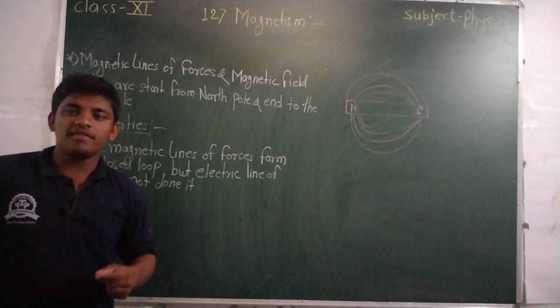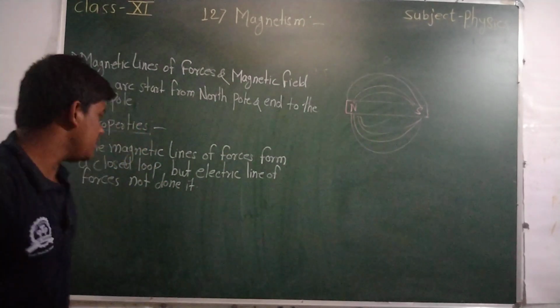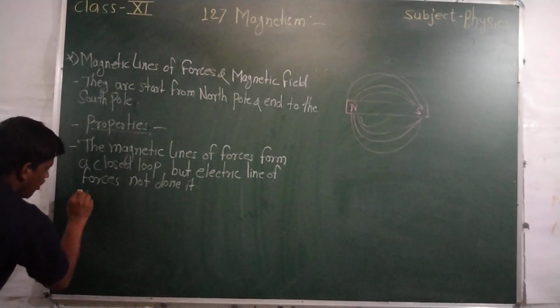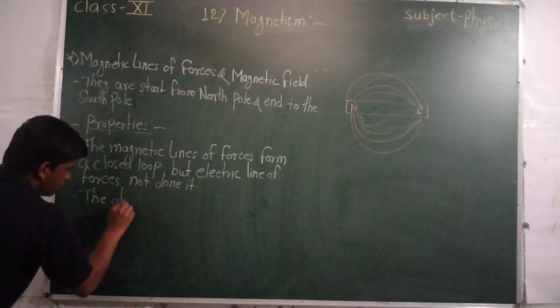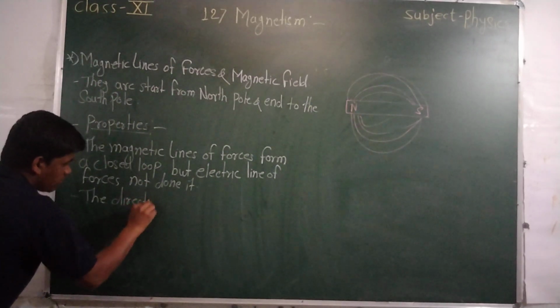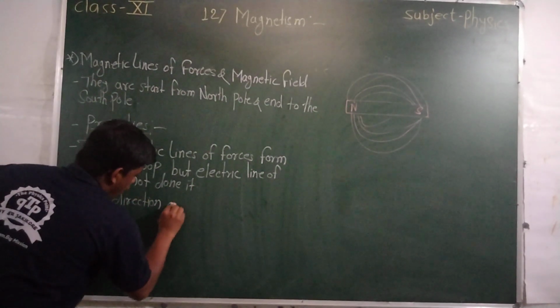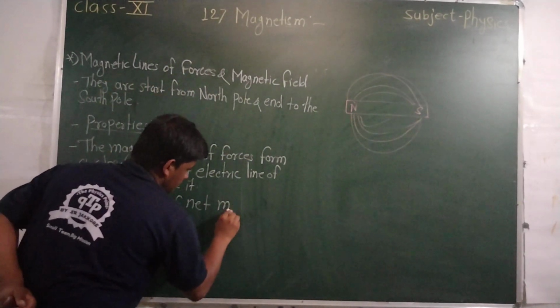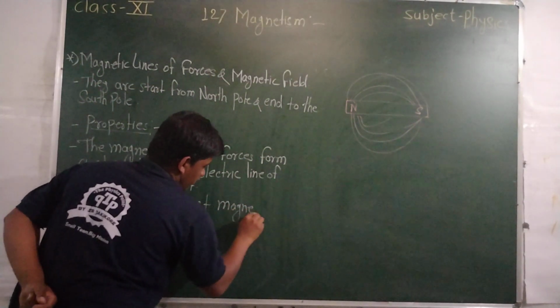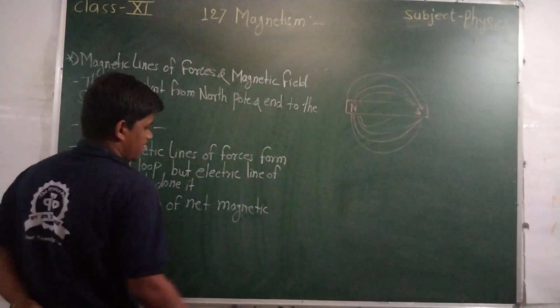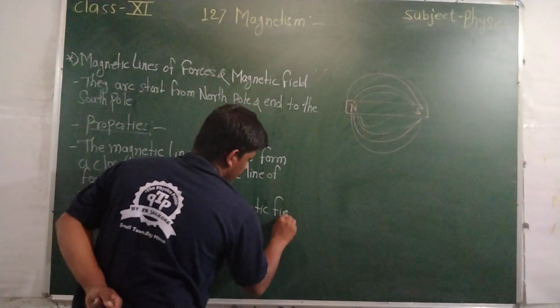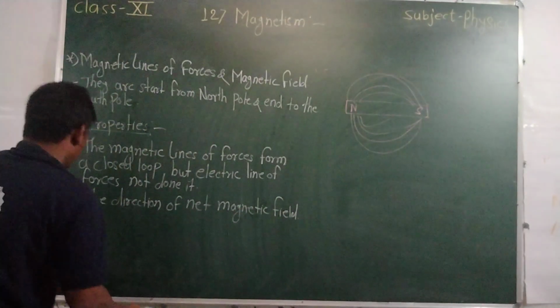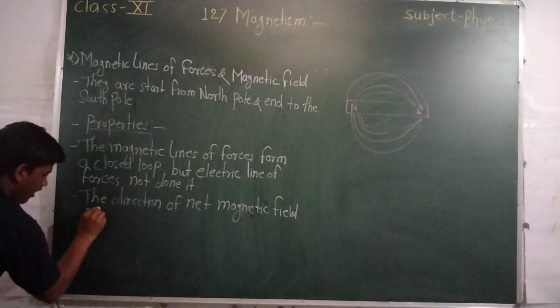The direction of the net magnetic field B bar. We show the magnetic field as a capital letter B bar.